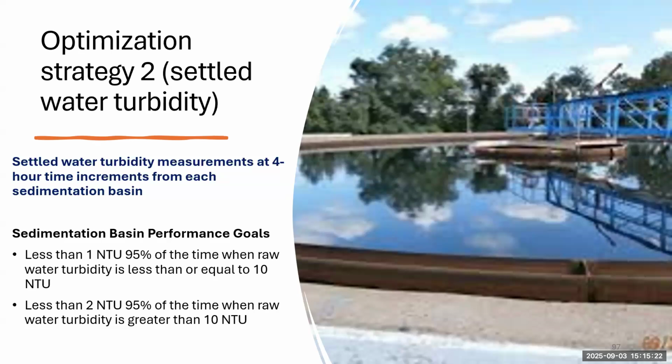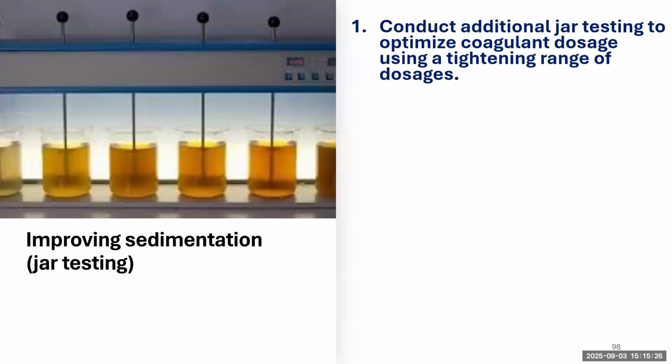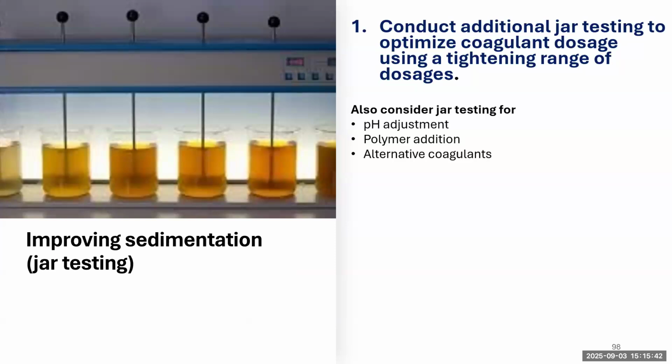Well, let's talk about how we would get our sedimentation basin to perform. There are a number of things I'm going to share with you. First of all, we'd back up and start with the dosage process. We'd conduct additional jar testing and try to narrow that range of dosages. Try to calculate that dosage a little bit more precisely.